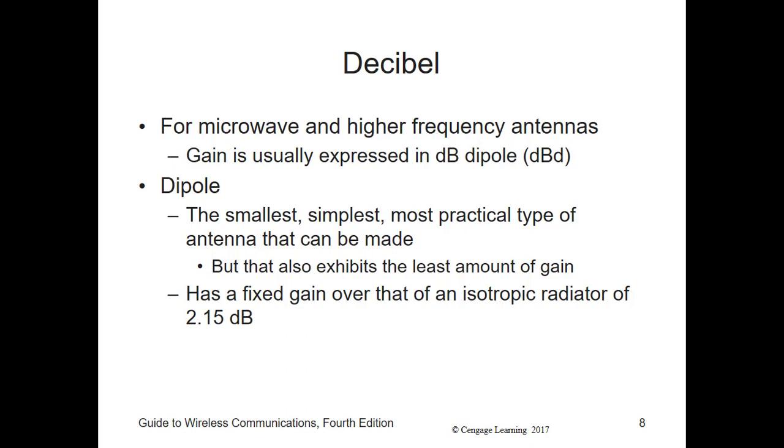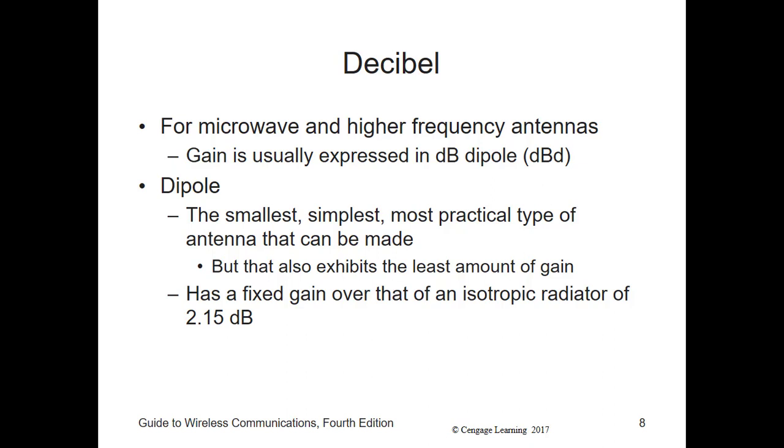Antenna gain is expressed using dBi, or decibel isotropic, a relative measurement of the gain of the antenna as compared to the gain of the isotropic radiator. For microwave and higher frequency antennas, antenna gain is usually expressed in dBd, or dipole.